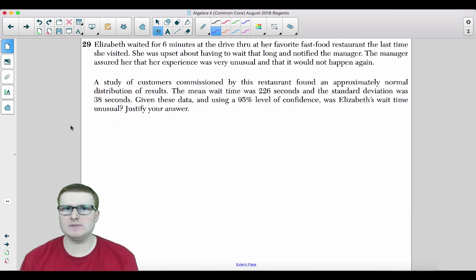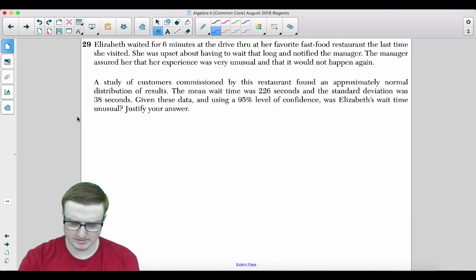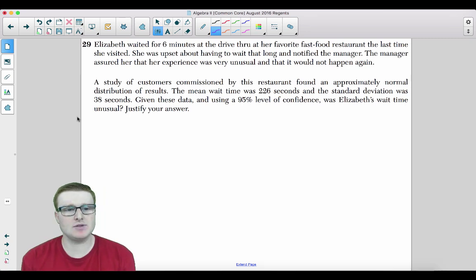Okay, we got a very wordy part 2. Here we go. Very wordy. It says here, Elizabeth waited for 6 minutes at the drive-thru at her favorite fast food restaurant the last time she visited. She was upset about having to wait that long and notified the manager. I would be too. If I waited 6 minutes for a Big Mac, I would be very upset.